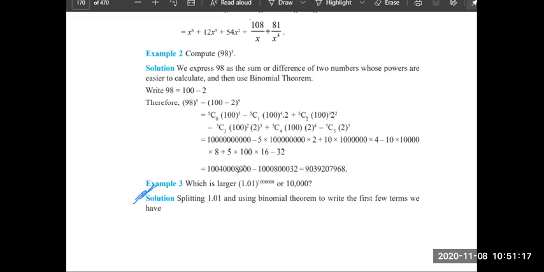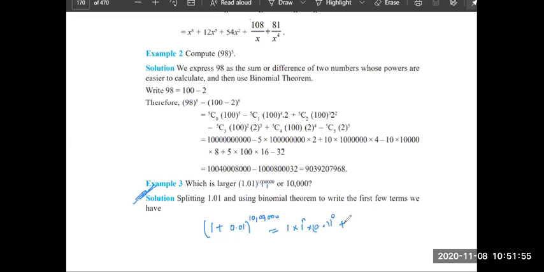Now think about it. What is this? It is 1 plus 0.01 to the power 10 lakh. Yes or no? Now what is the expansion? Tell me, guys. It is 1 into 1 to the power n, a big number, into 0.01 to the power 0. Plus, now that's the catch.